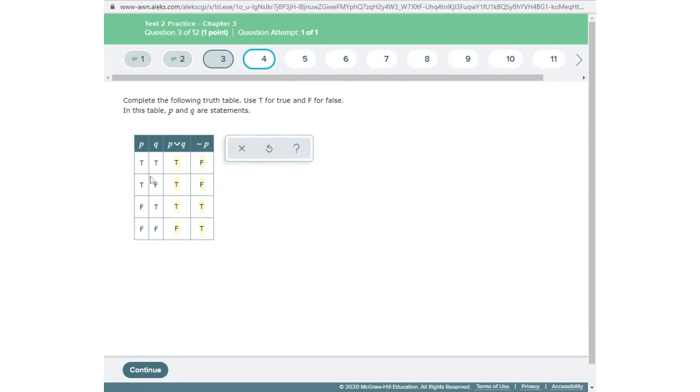Two trues means true. True false means true. False true means true. And false false means false. You got to do one or the other, or you can do both, because that goes back to when we were doing the Venn diagrams. They would say in there one or the other or both. They would always add that. So this is like the or both, and this is one or the other, and then this one is neither. The last one is neither.